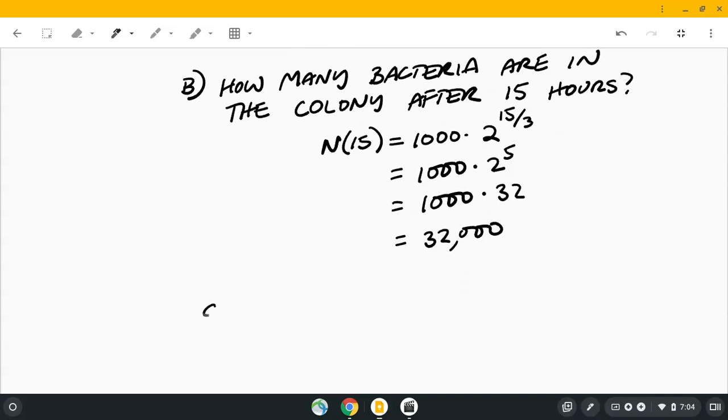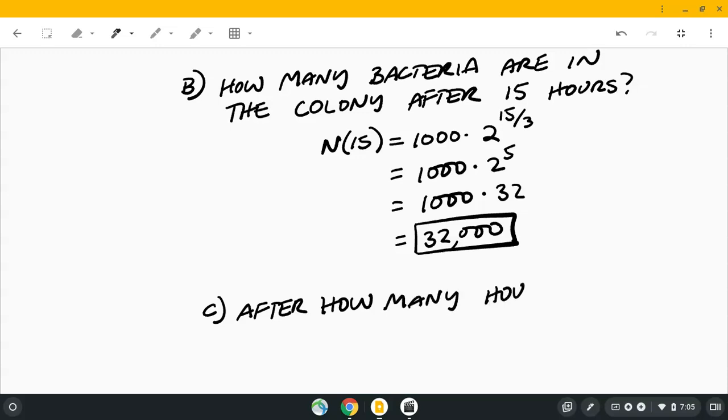Okay, and let's take a look at letter C. After how many hours will the bacteria count reach 100,000?